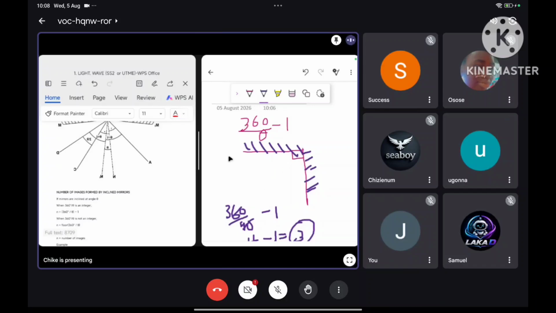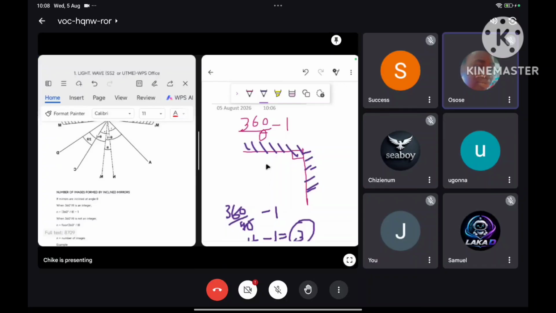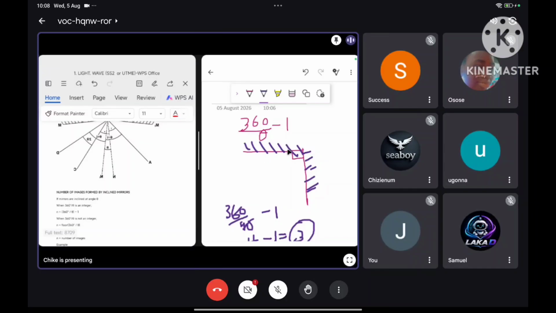How many? I said, if two plane mirrors are inclined at 60 degrees, how many images will be formed?